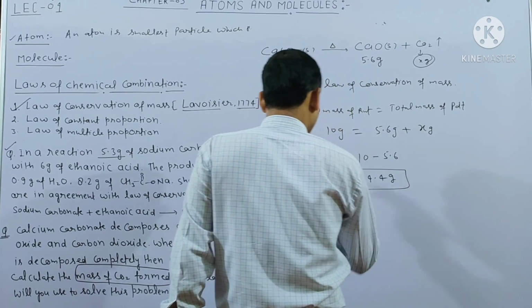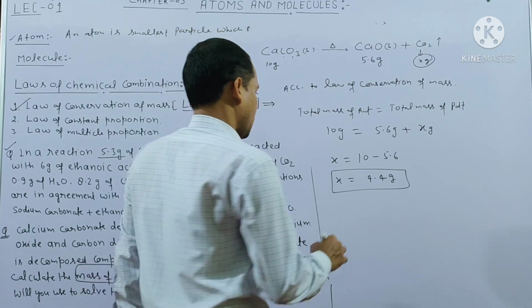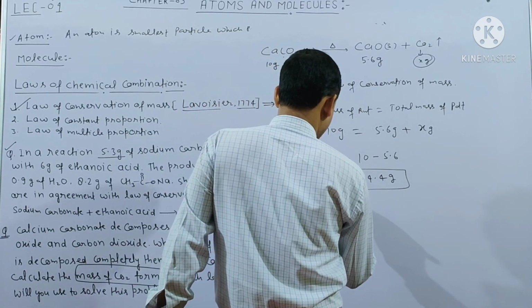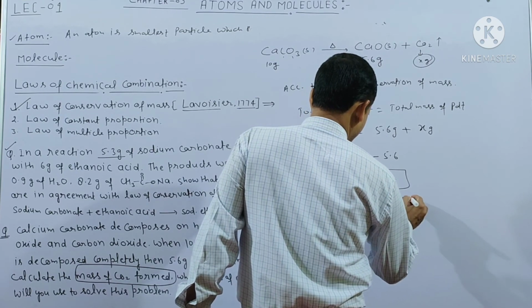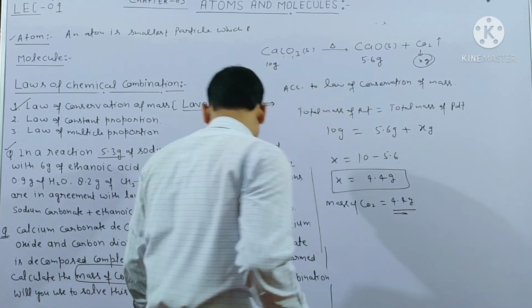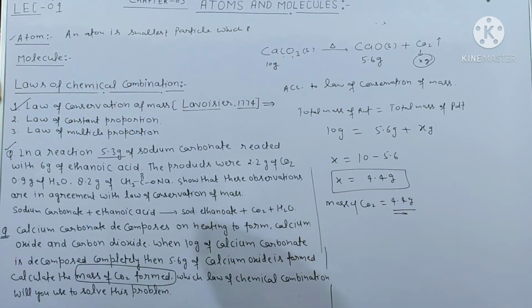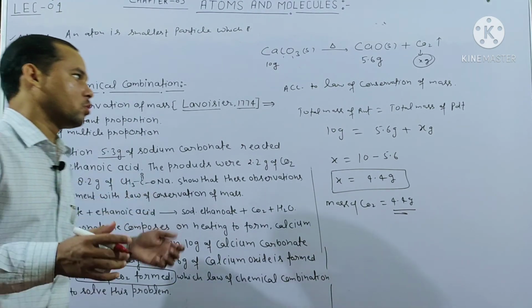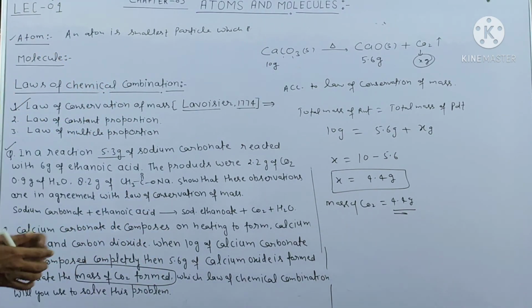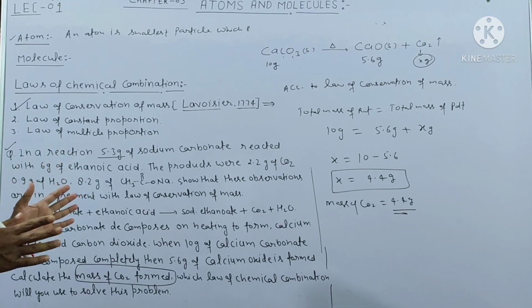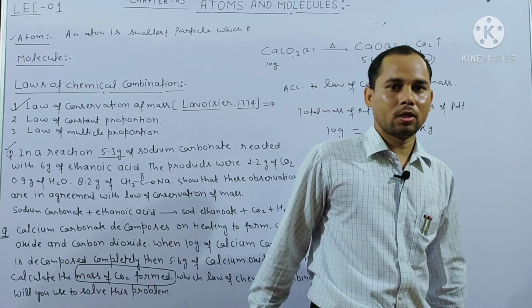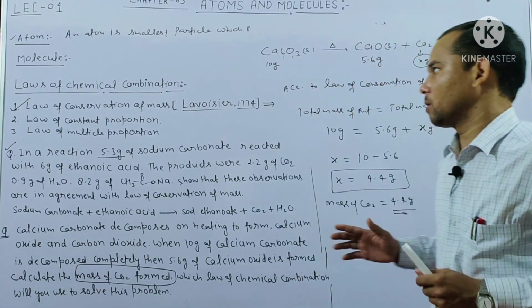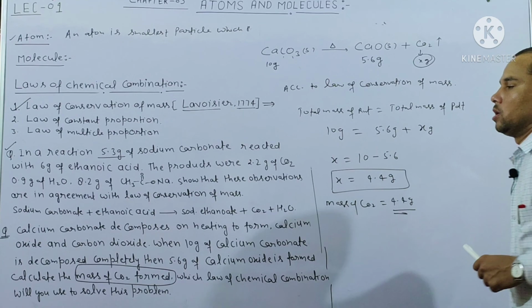So this is the mass of carbon dioxide. We can write here the mass of CO2 formed is 4.4 gram. And the question finally, which law of chemical combination will you use? We will use here the law of conservation of mass.